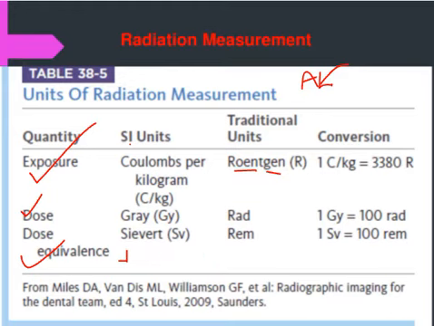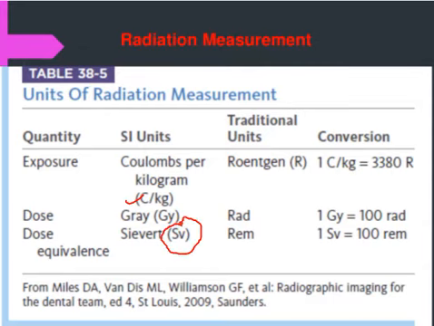Okay, there are 3 units of radiation measurement: exposure, dose, and dose equivalence. Each has its own unit as well: coulombs per kilogram for exposure, gray for dose, and dose equivalence is measured in sieverts. Sievert is the unit that you are going to commonly see for exposure measurement as a person practicing in dental radiology.